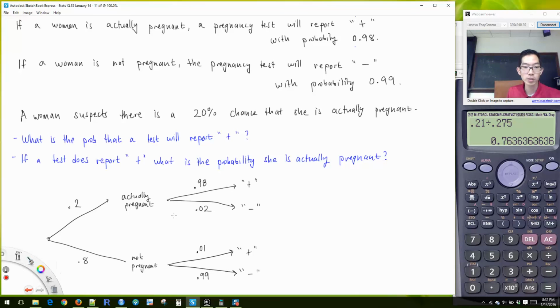So we can go down and multiply these things. To answer the question, what's the probability that a test will report plus, we only have to multiply the ones related to the plus. So that's going to be 0.2 times 0.98, and over here, 0.8 times 0.01. 0.2 times 0.98 gives me 0.196, and over here, I get 0.008.